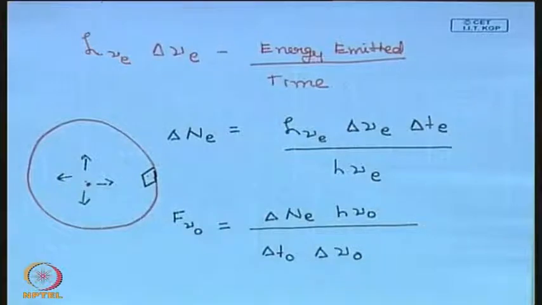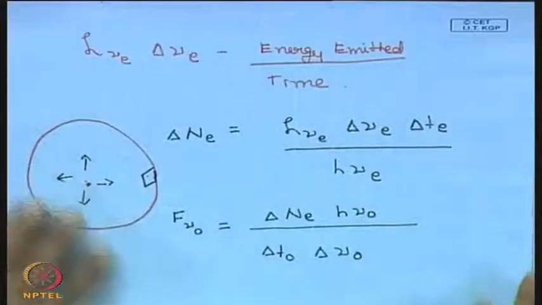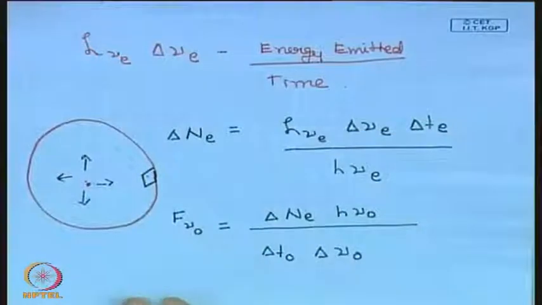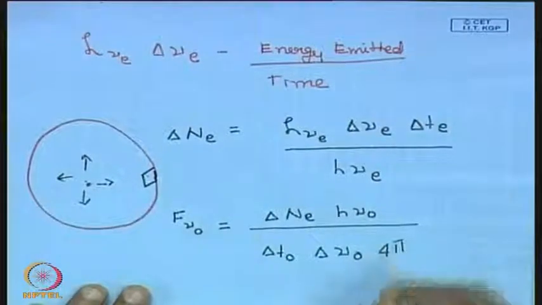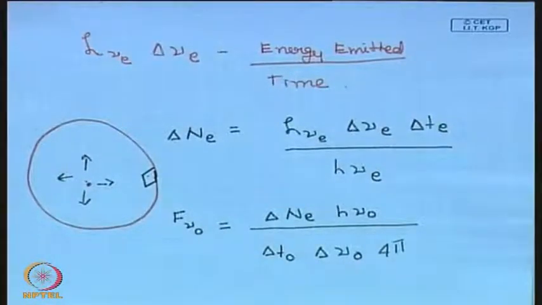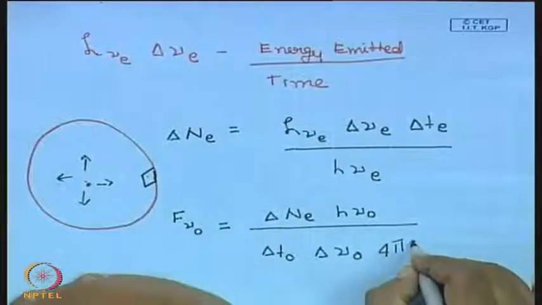Now, the question is, what is the ratio of these emitted frequency and observed frequency? We have already worked this out. Sorry, this has to be divided by the area of the sphere, and the area of this sphere is going to be 4 pi into s squared.